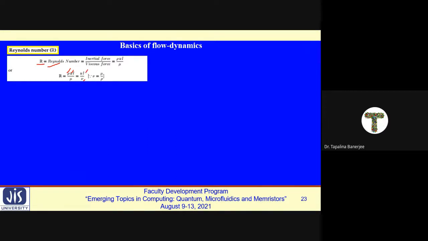L stands for the fluidic channel length, and U stands for the speed of fluid flow. A high value of the Reynolds number R indicates turbulent flow, whereas a low value indicates the presence of laminar flow in the network.